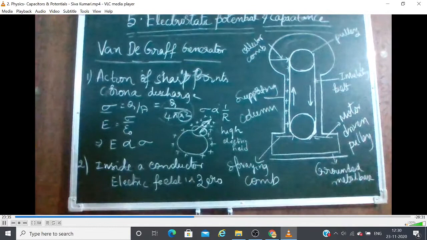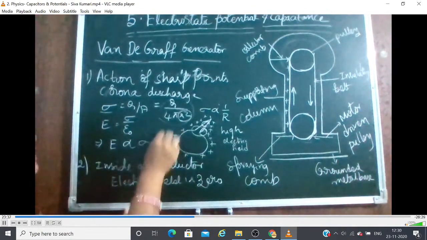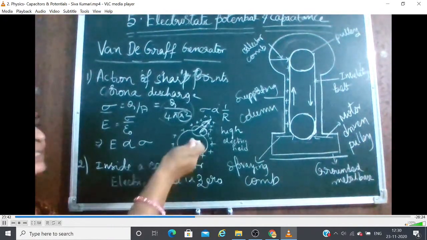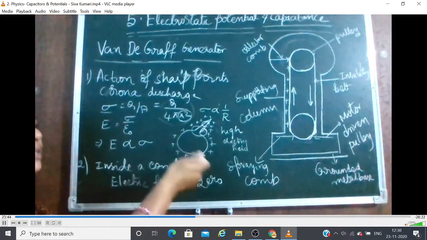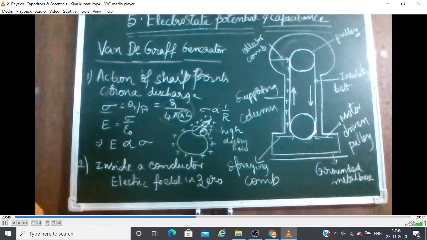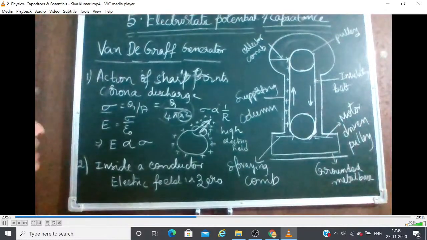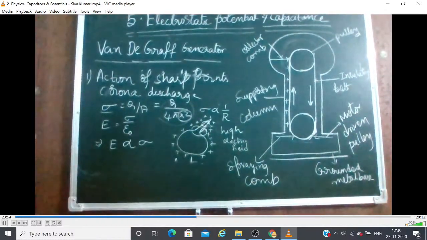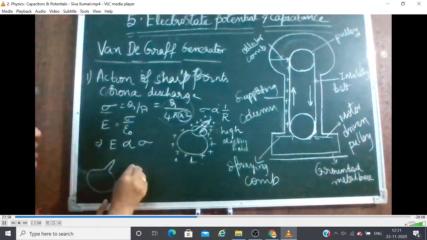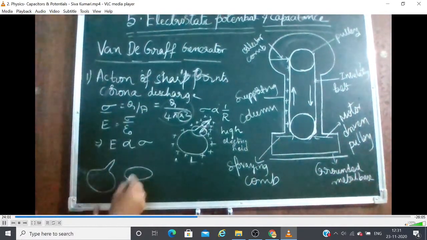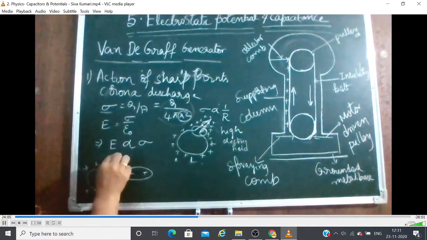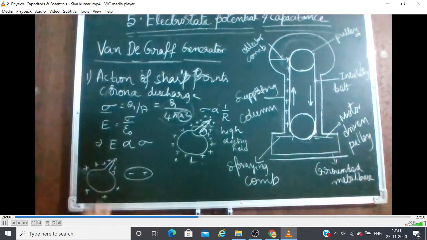It leaks. The air which is present around this conductor gets polarized. If any more charge is given to this conductor, it polarizes the air. Suppose a conductor like this is there, and air molecules are present like this, so that no more charge can be given to this conductor.